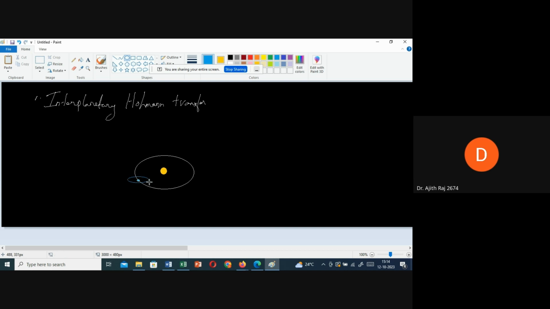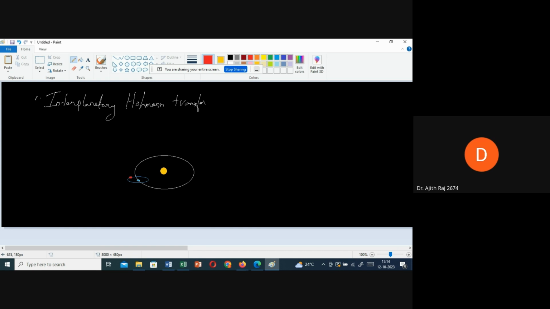This is the orbit of the satellite, which I'll mention with a red color. It has been launched from the Earth and it is revolving in this orbit like this.